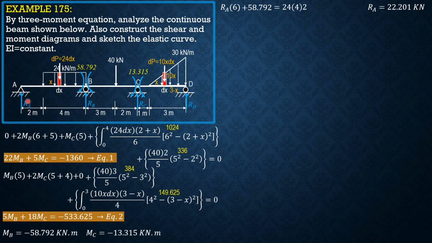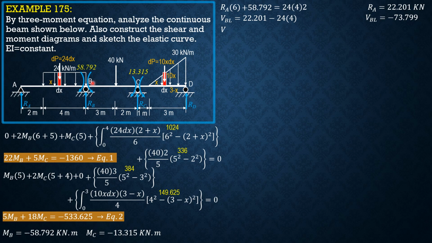Then shear at B just to the left, downward positive, remember the sign convention. So it is just upward when it's downward for the forces on AB. So shear at B just to the left is RA, 22.201, minus 24 times 4. So shear at B just to the left is negative 73.799 kilonewtons. While shear at B just to the right is upward positive. So we consider BC, we sum up moments about C equals 0.